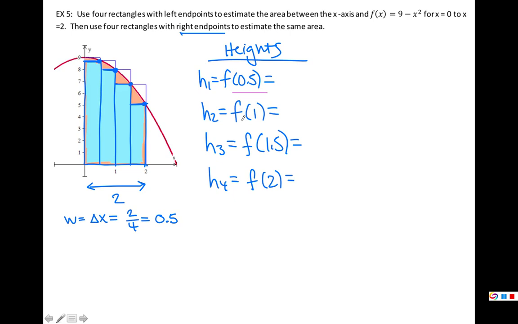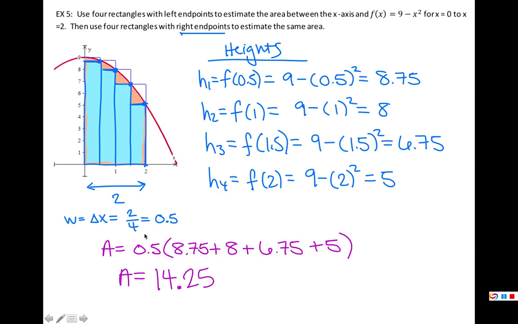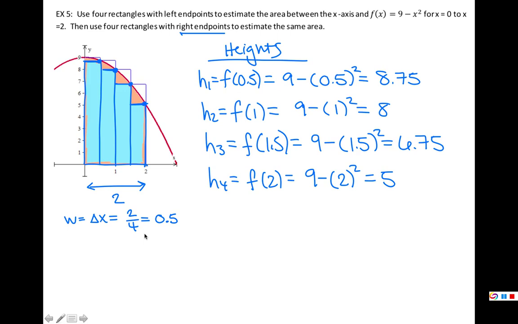And the right side of the second rectangle is at 1. The third one is at 1.5. And the right side of the last rectangle is at 2. So I'm going to take those numbers and plug them into my function, just like before. I have written down on the screen what I got when I put that into my calculator. Again, plugging into 9 minus x squared.